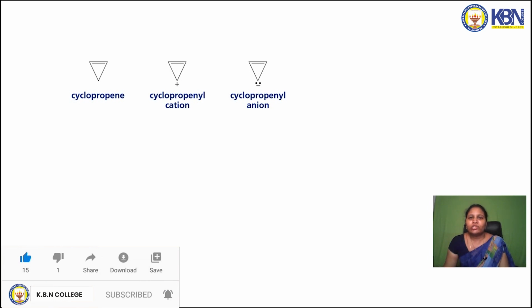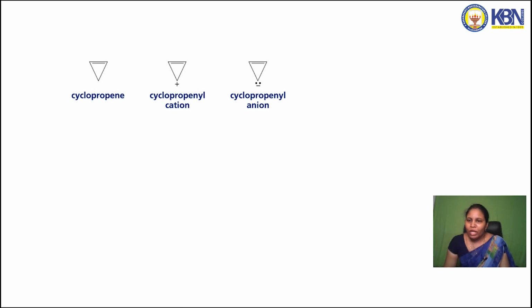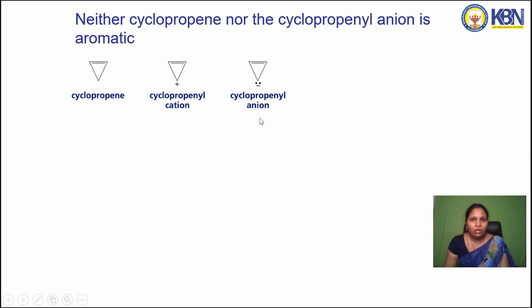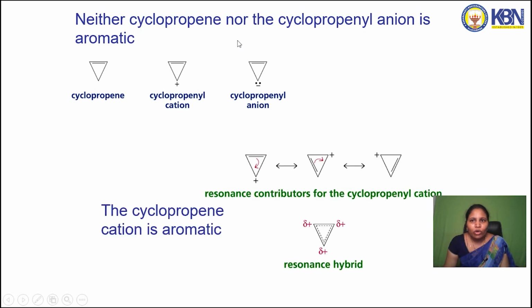Let us consider some compounds and whether they follow the aromaticity rule or not. The first one is cyclopropene, which is a 3-membered ring structure. Observing cyclopropene, the cyclopropenyl cation and the cyclopropenyl anion, neither cyclopropene nor the cyclopropenyl anion is aromatic. Why?